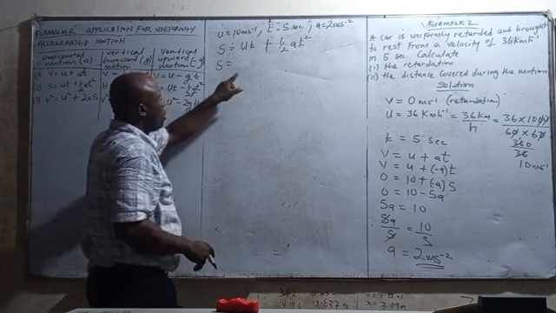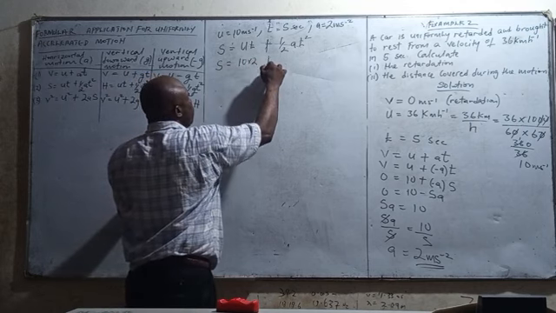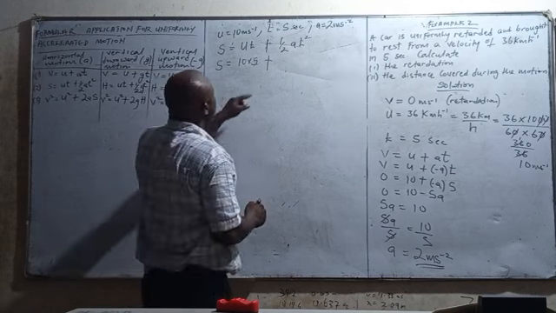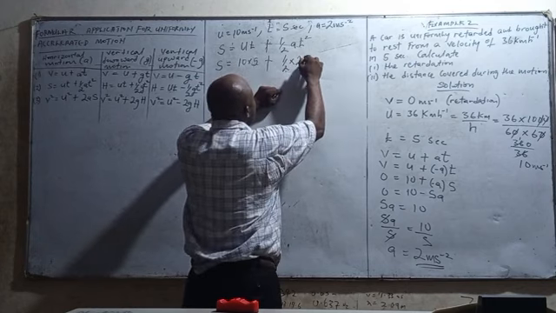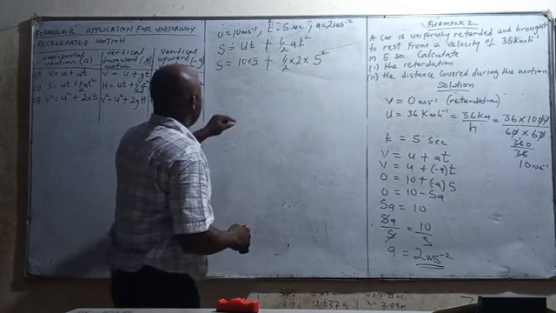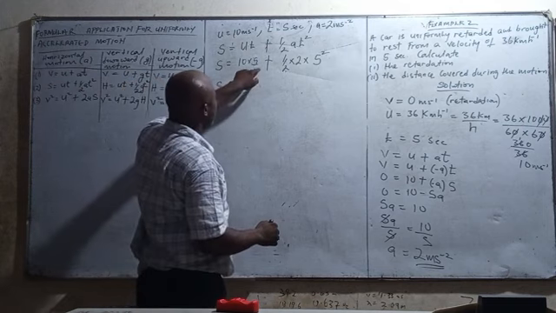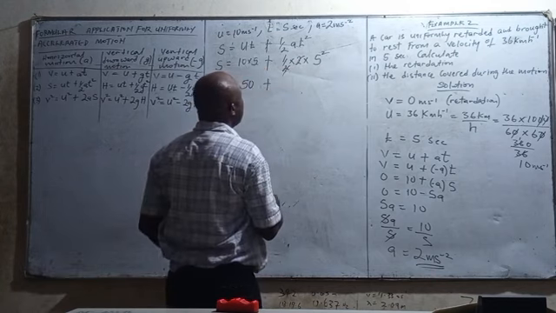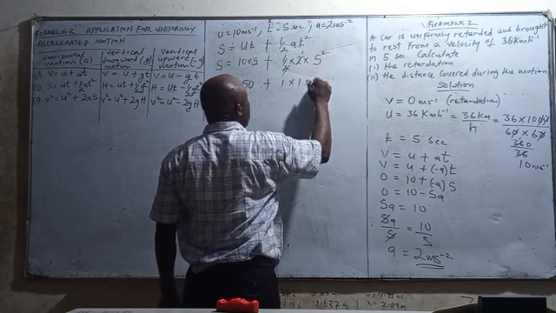So s is equal to 10 times 5 plus half times our a, which is 2, times t, which is 5, squared. We continue to solve for s. 10 times 5 is 50, plus half times 2 times 5 squared. The 2 cancels the 2, and you are left with 1 times 1 times 25, since 5 squared is 25.